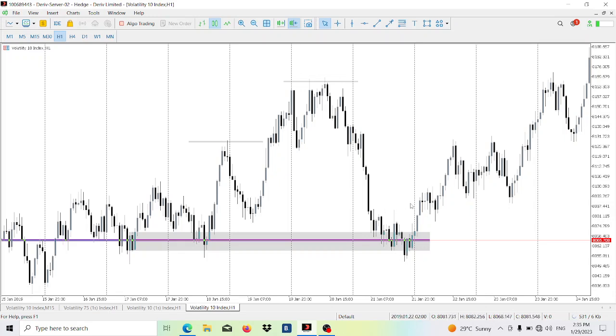So here, this was our clear buying opportunity, because as you can see here, we had a down candle. Whenever we came here, we looked for buys, aiming to take out this high.